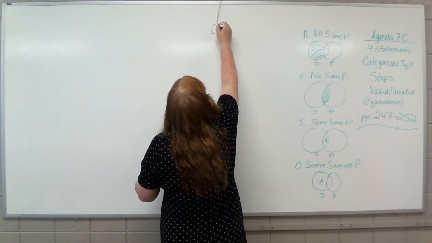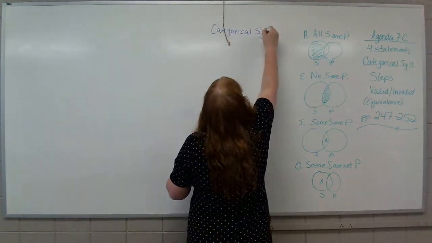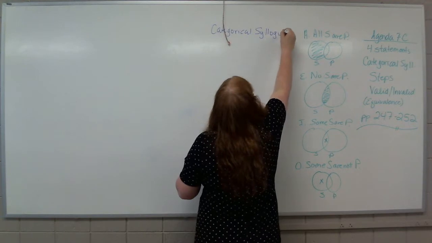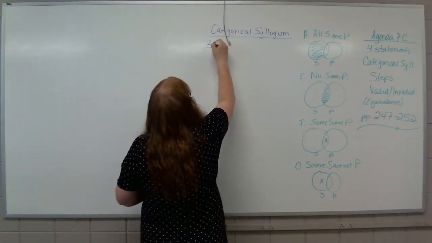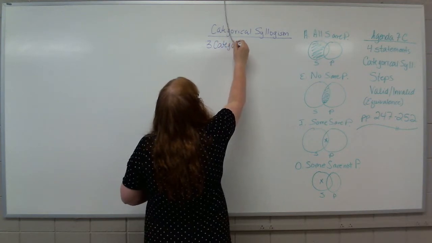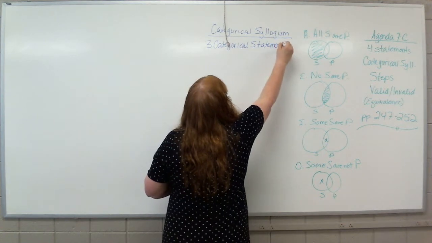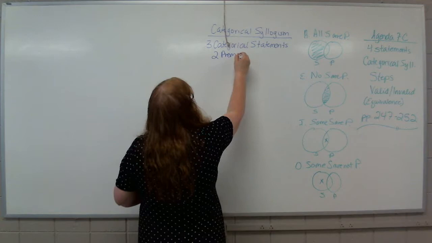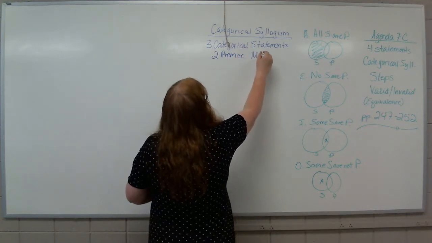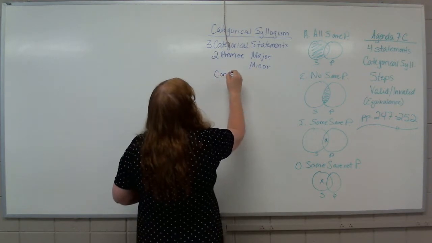You know a syllogism is just a three-statement argument, two premises and a conclusion. In this way, it's three categorical statements. So we have two premises, a major premise and a minor premise, and then a conclusion.